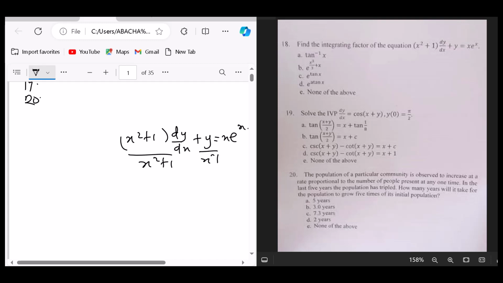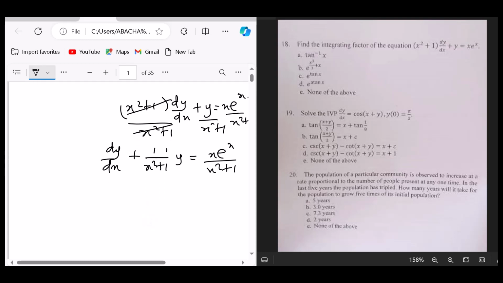So this and this will go, and we have dy/dx plus 1 over (x squared plus 1) times y equals x e^x all over x squared plus 1.